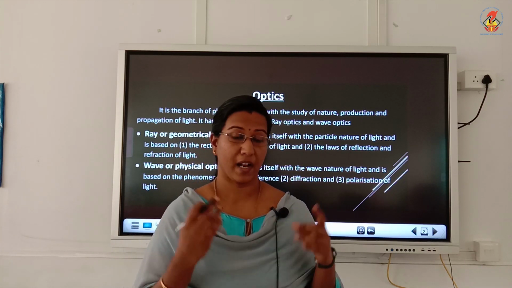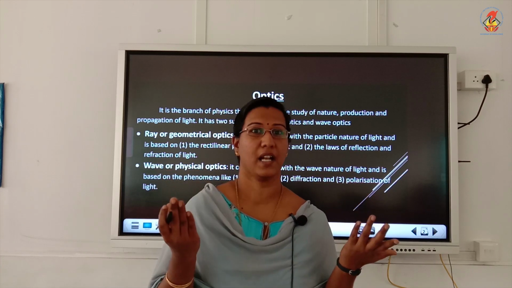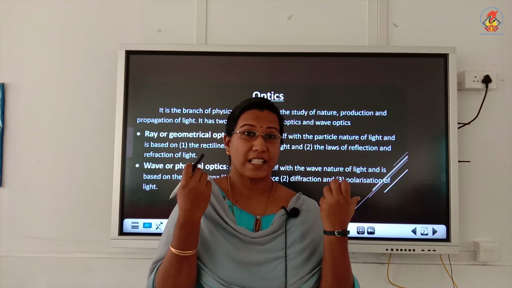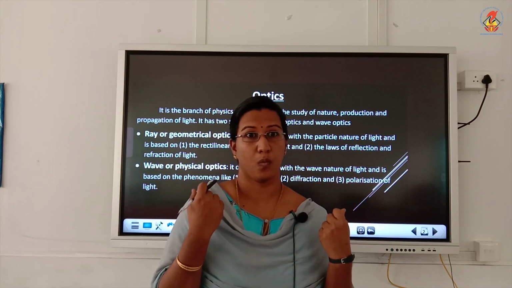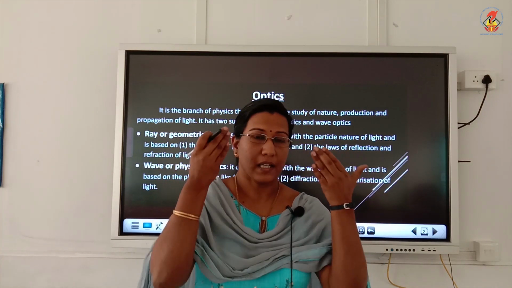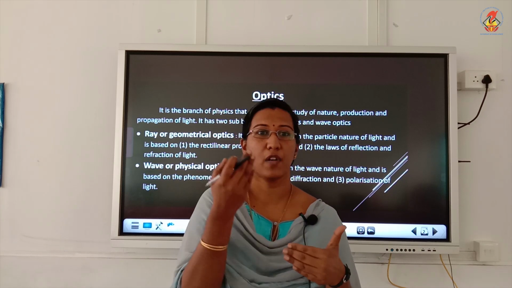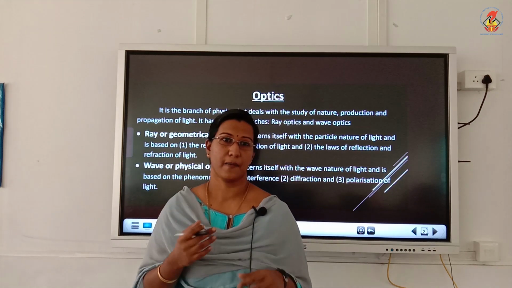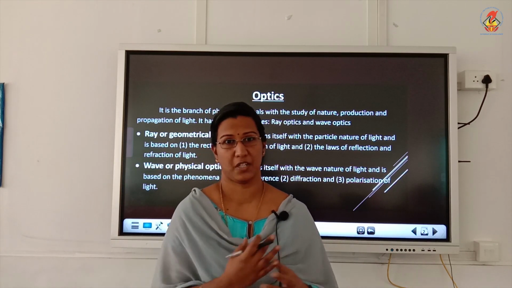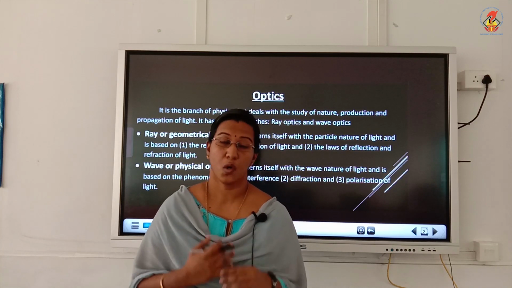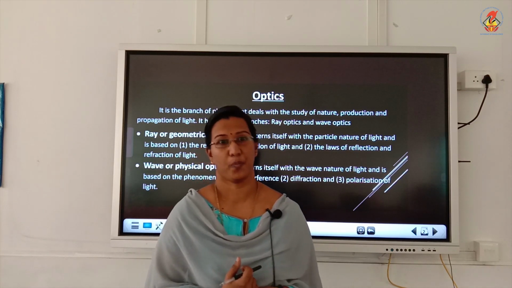And also if you are wearing coolers, you know what a cooler is, isn't it? Sunglass. You feel less intensity of light falling into your eye. Why? Because something in the cooler is cutting or blocking some rays of light from passing through, and it is known by the name polarization. This phenomenon also could not be explained using ray optics.